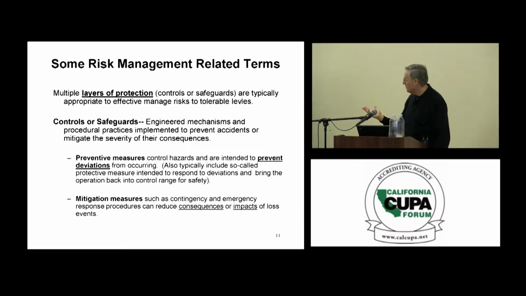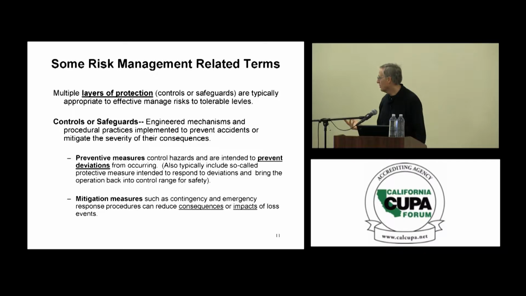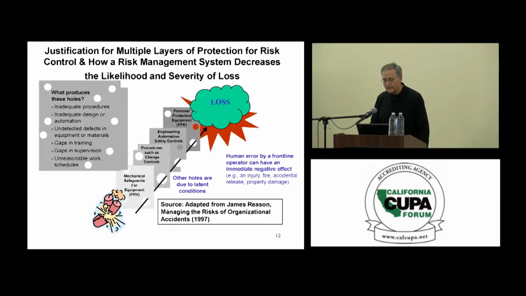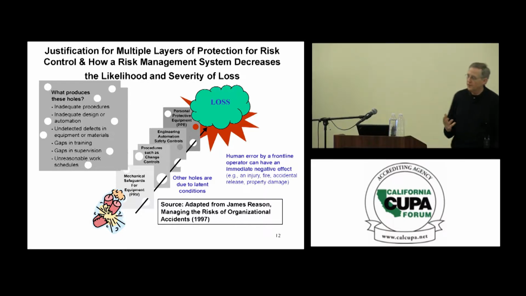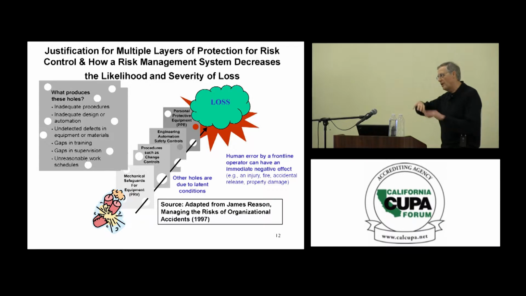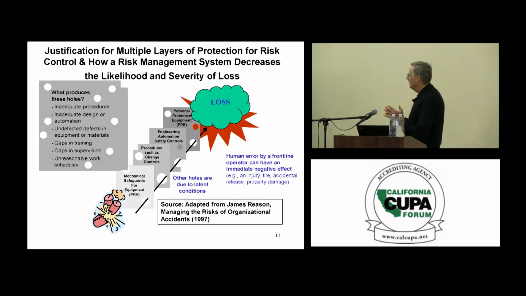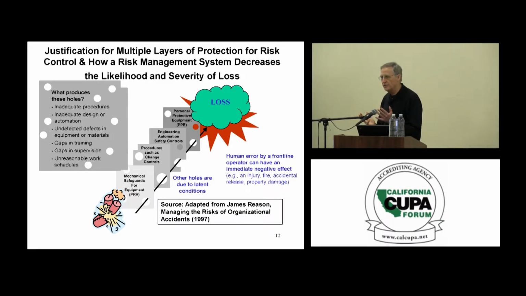And I'll give examples of different types of mitigative controls as well as preventive, and also where they failed. Now, this whole concept of layers of protection, and there's a whole process within the chemical engineering area called layer of protection analysis that looks at the risks and how to manage those risks and how many layers of protection we need.